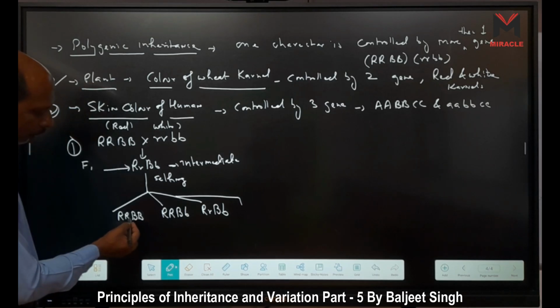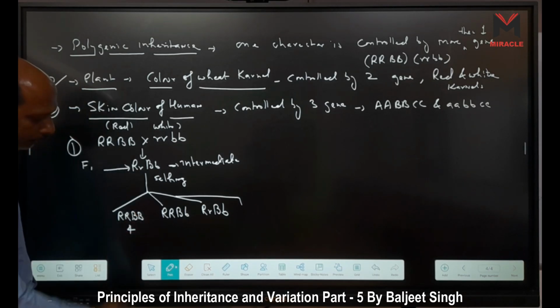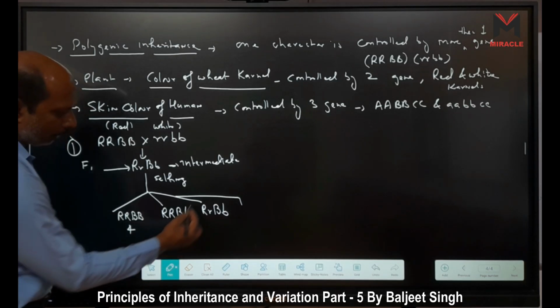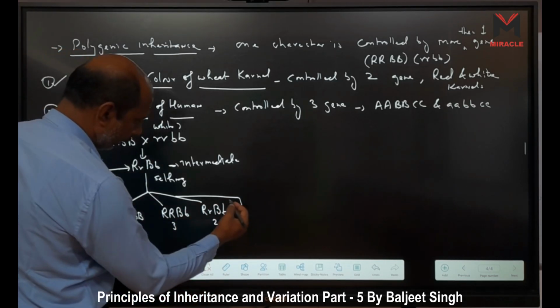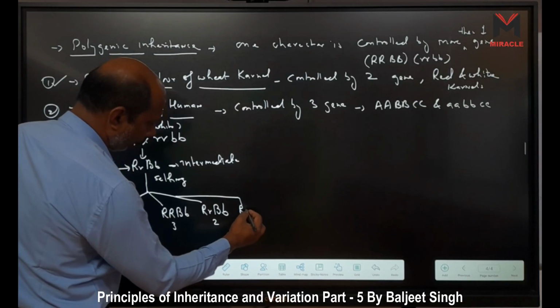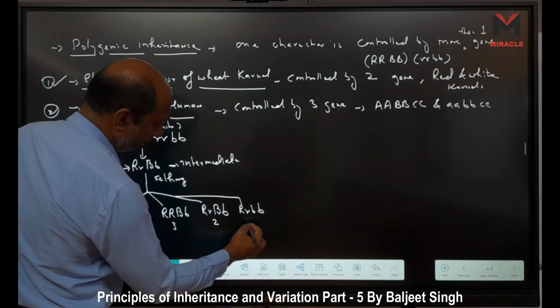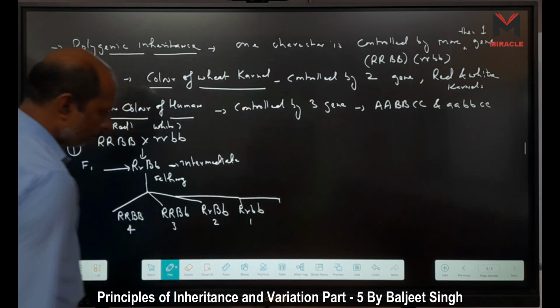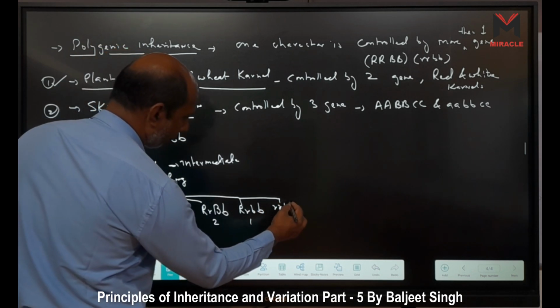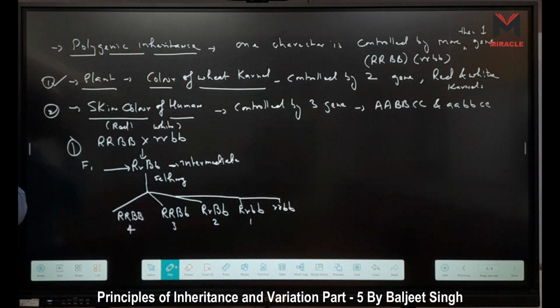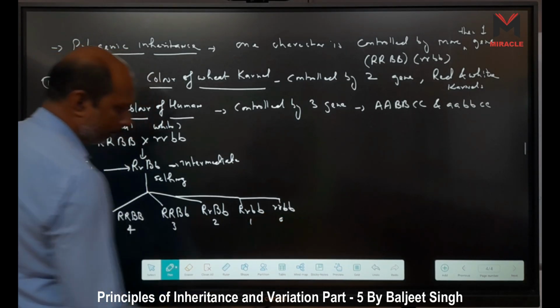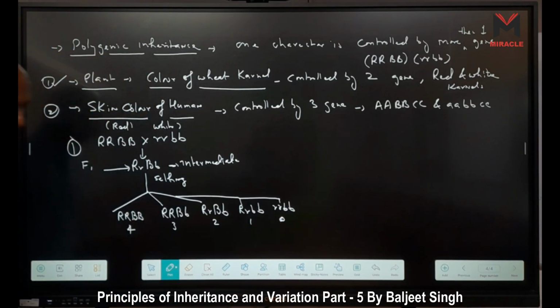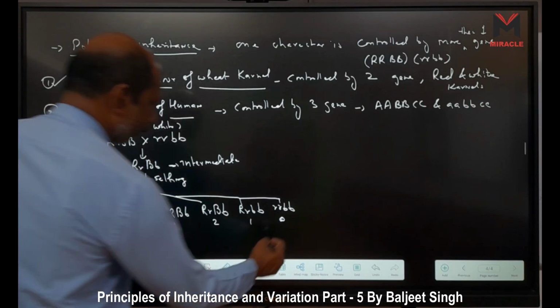Here 4 are dominant. Here 3 are dominant. Here 2 are dominant. And in this case only one is dominant: capital R, small b. Only one is dominant, right? And here small r, small b, no one is dominant, right? So that means zero dominant characters are there. Zero dominant character means white.